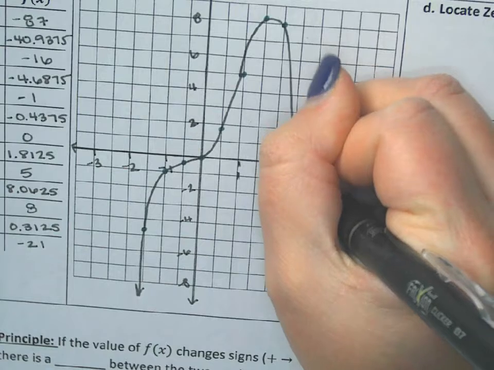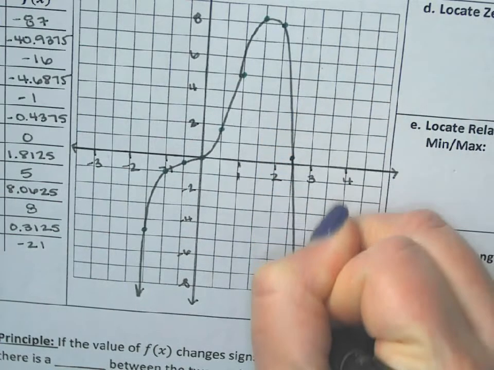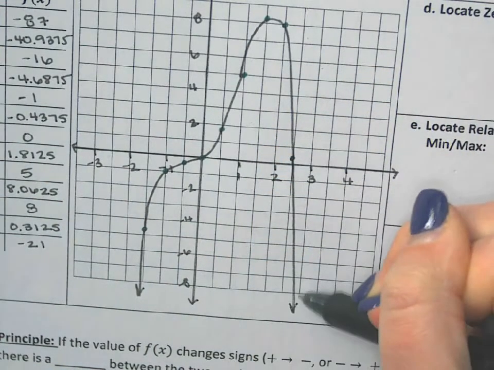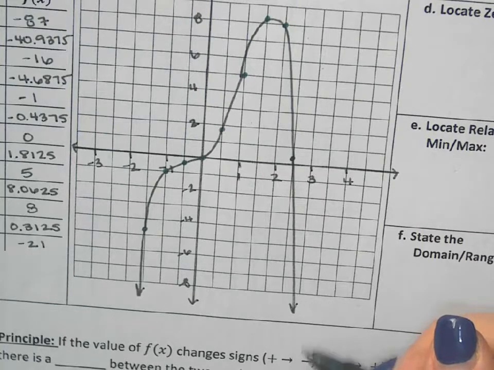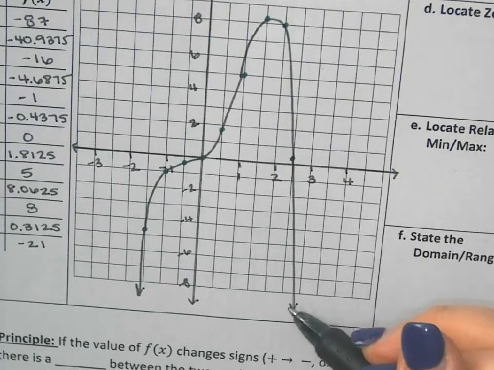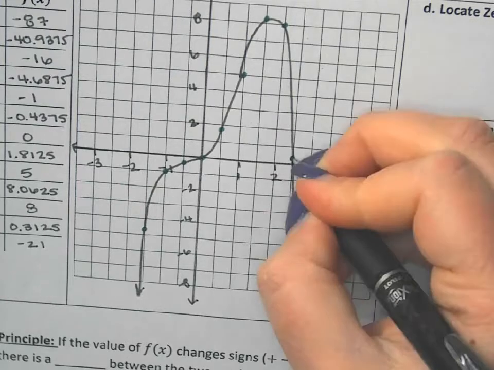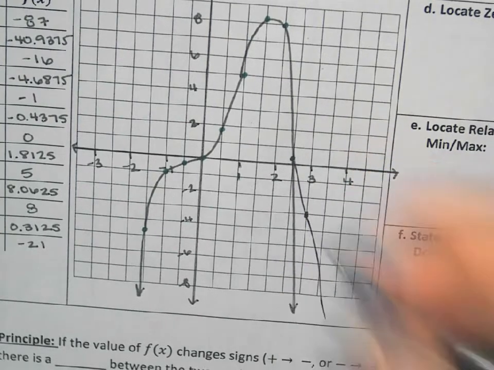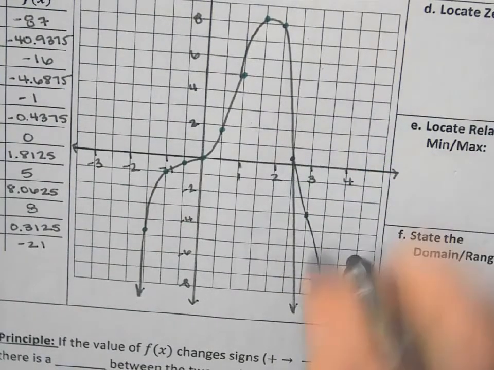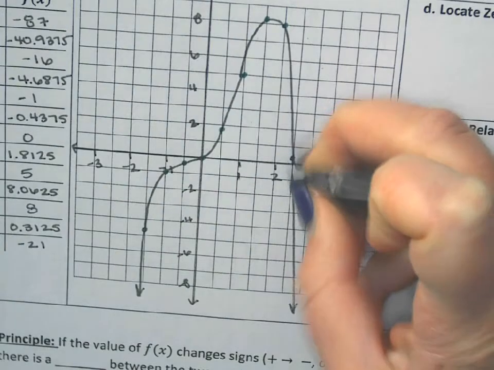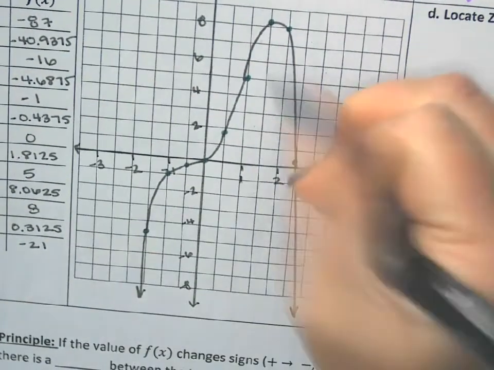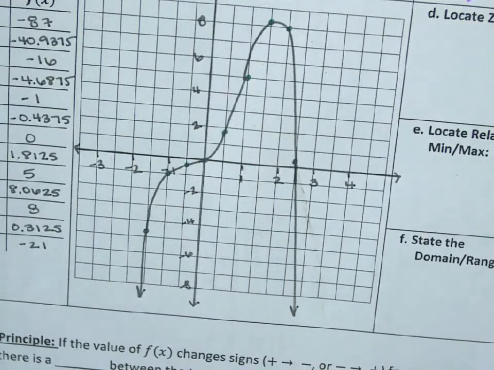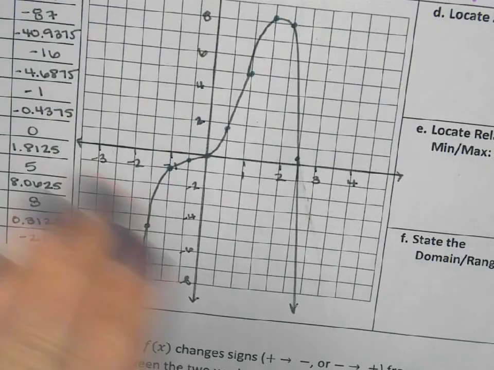So when I connect this off the graph, I can't pass that 3 mark, because 3 is way down here off the graph. I need to go off the graph before I hit that 3. Otherwise, if you graphed it like this, you're telling me that 3 is at negative 3, and that's not correct. So you need to make sure you connect this and go off the graph before you get to that 3. So this is what the graph generally looks like.